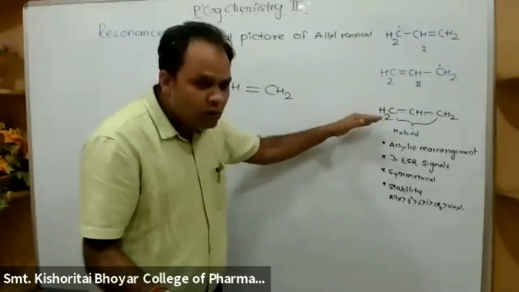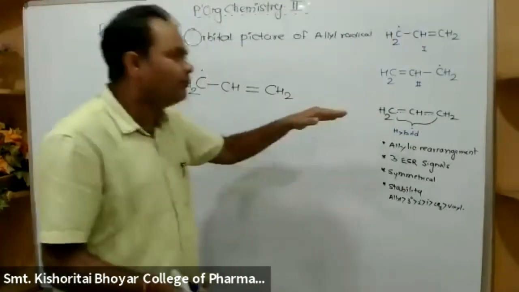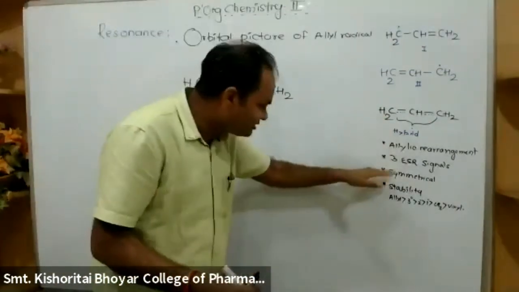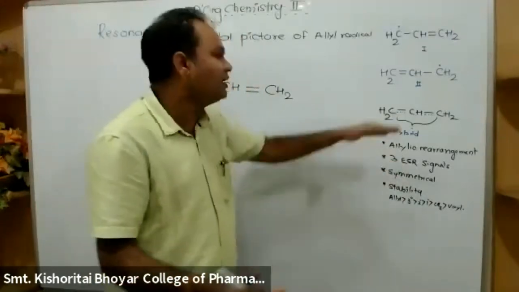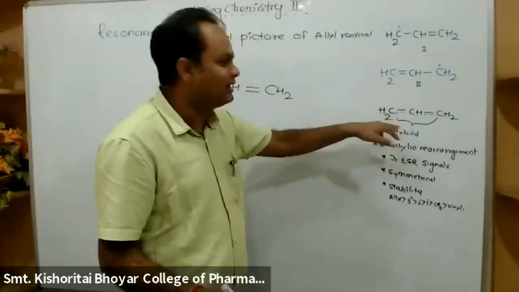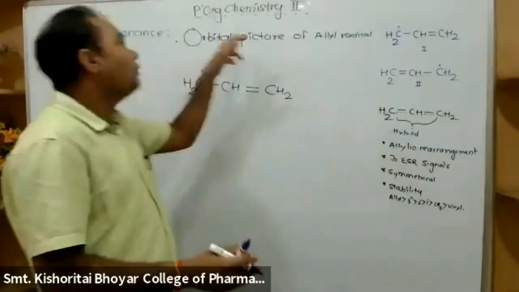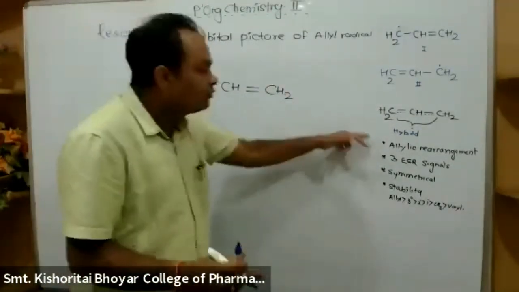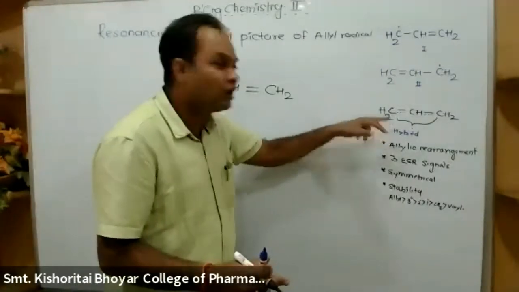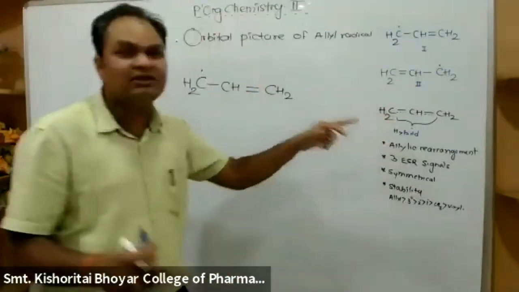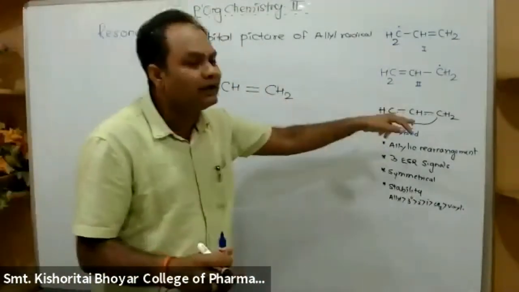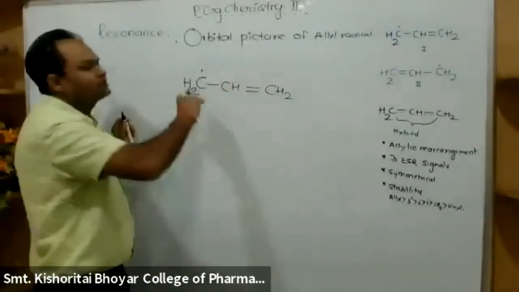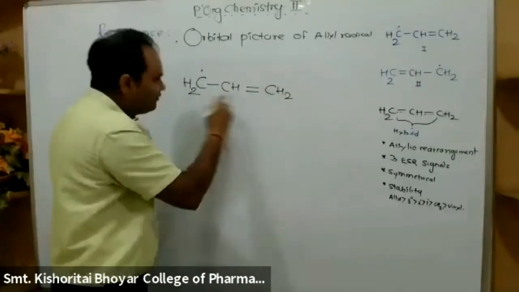So how am I explaining this with the help of pseudo resonance? As we know, this is the structure of the hybrid. The 3 ESR signals also indicate the hybrid resonance structure of the allyl radical like this. But with the help of the orbital picture, I am again describing how this structure represents the hybrid structure of the allyl radical. So listen carefully. When we write the structure of the allyl radical, we write it in the general way like this.